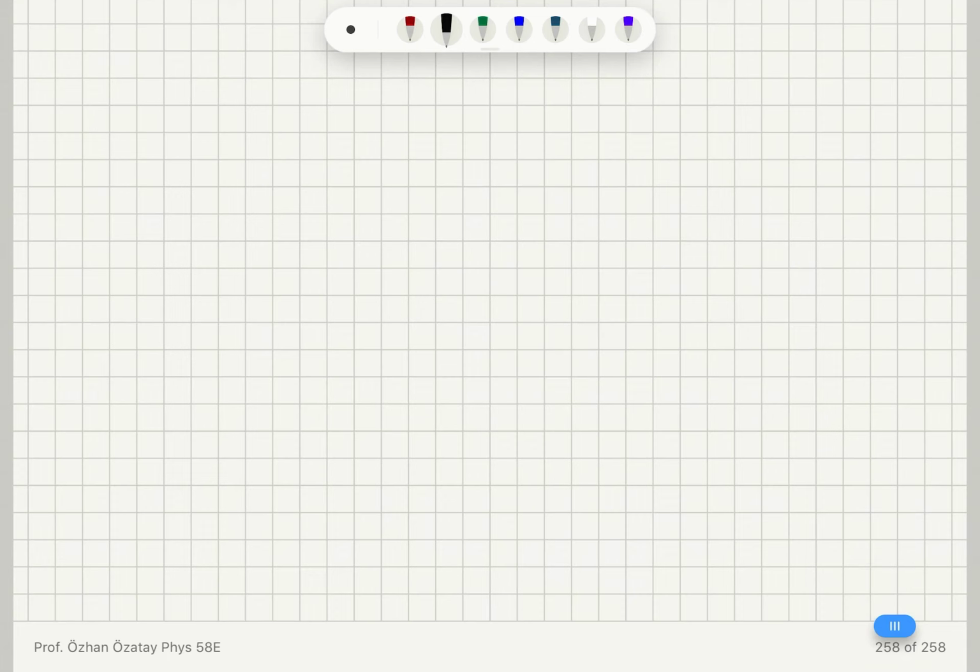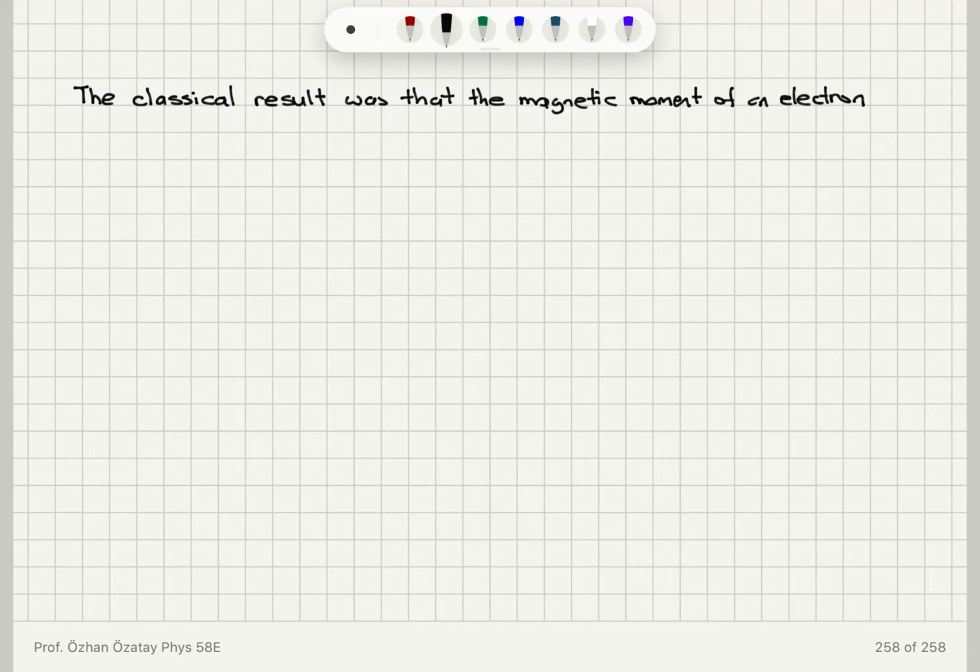Okay, so the comparison gives us the following result. The classical result was that the magnetic moment of an electron due purely to orbital motion, so we were only considering orbital angular momentum, was of the order of a Bohr magneton.